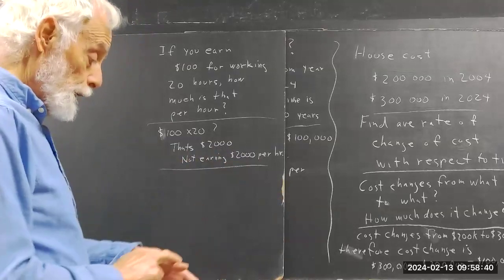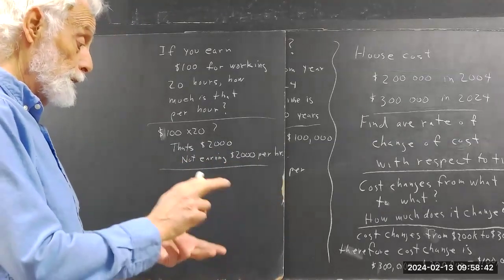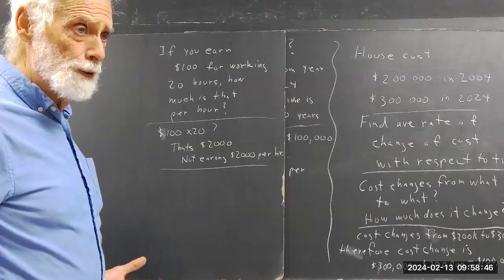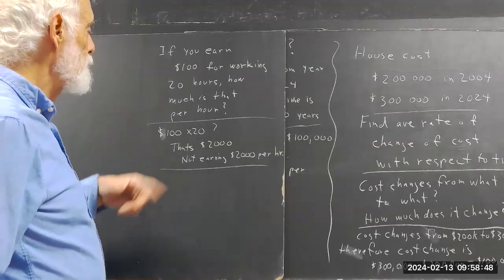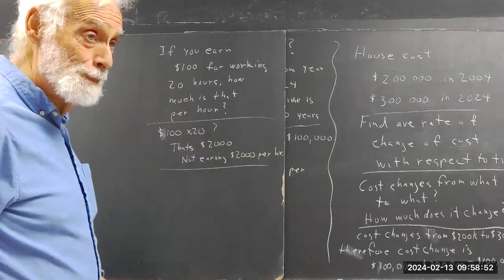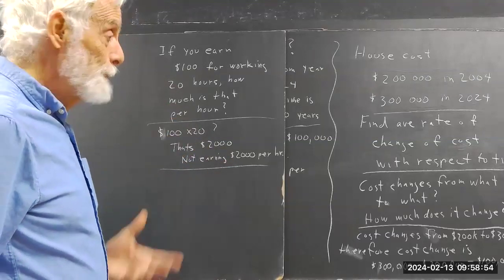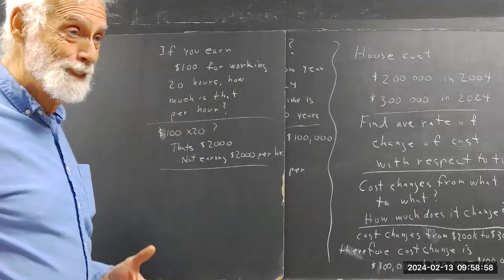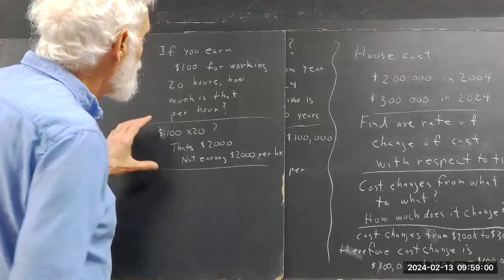You'd make $2,000 the first hour, $2,000 the second hour, and so forth. You'd make $20,000 in 10 hours. I'm sorry, it's in 20 hours. You'd make $40,000 in 20 hours. Okay, that'd be good money. Most people don't work 20 hours for $40,000. Okay, so that doesn't work.